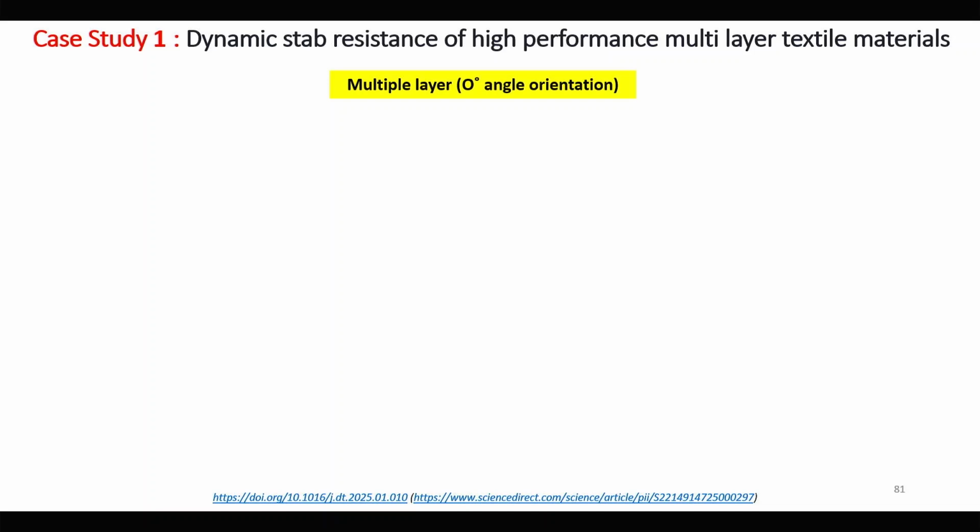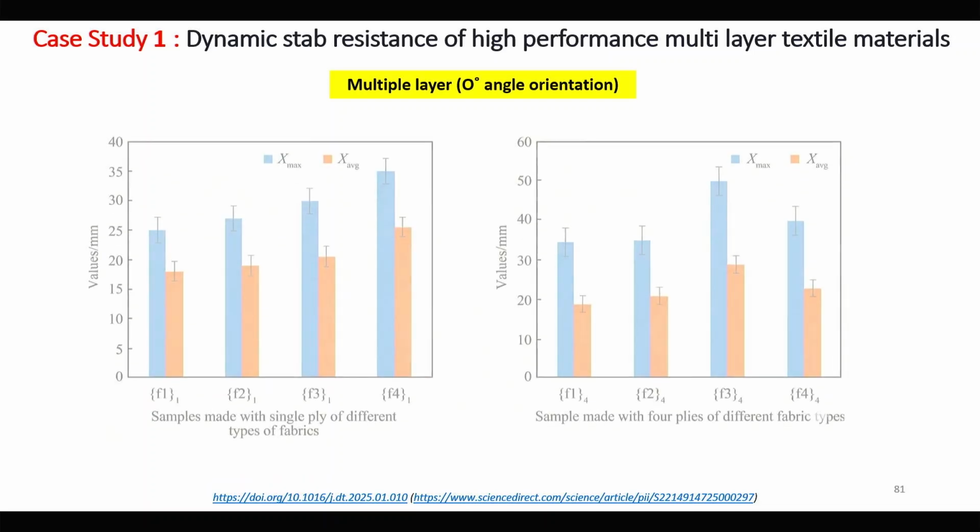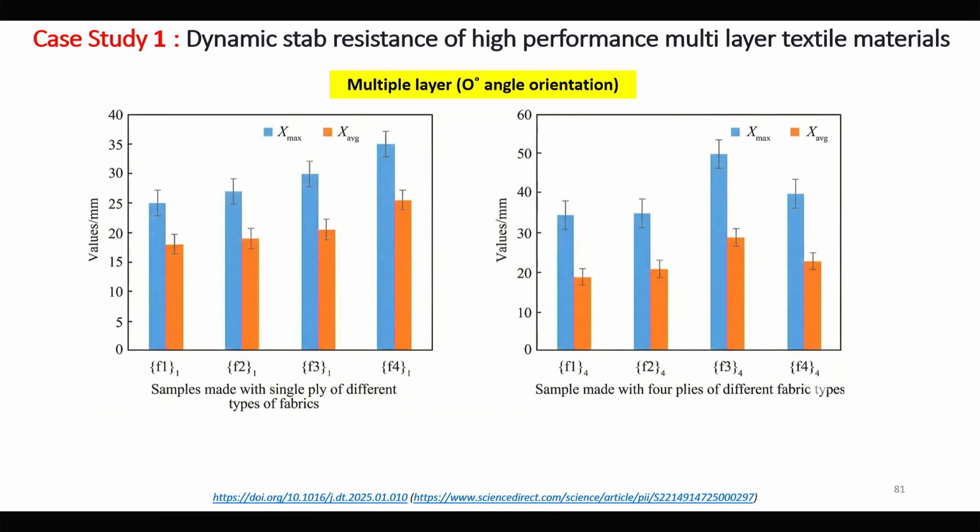So, multiple layers at 0° orientation, we can see a sample made with a single ply of different types of fabrics. This is a single ply, with multiple threads per millimeter.